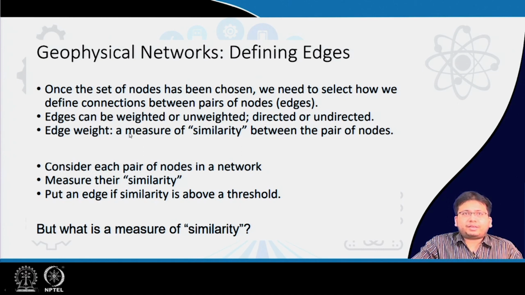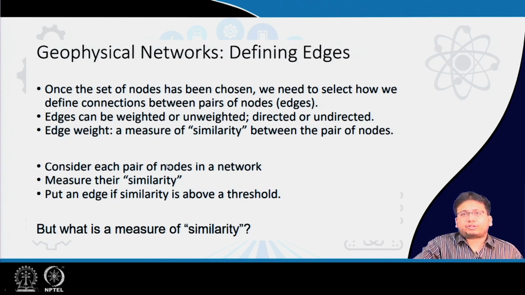Now, edges can be either weighted or unweighted, either directed or undirected. This is something we know from graph theory. If they are weighted, then each edge is associated with a real number, which in some sense is like the strength of the edge. If the strength is 0, then of course it basically means the edge is not present. But if it is non-zero, then we can say that the edge weight in a sense is a measure of similarity between the pair of nodes.